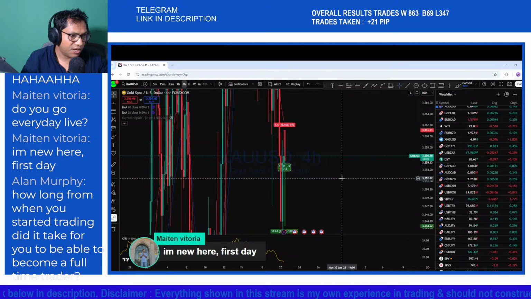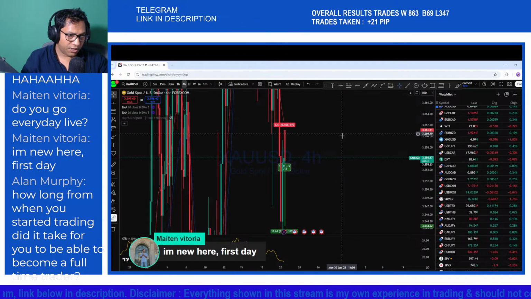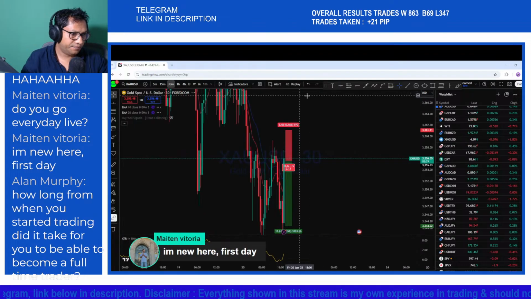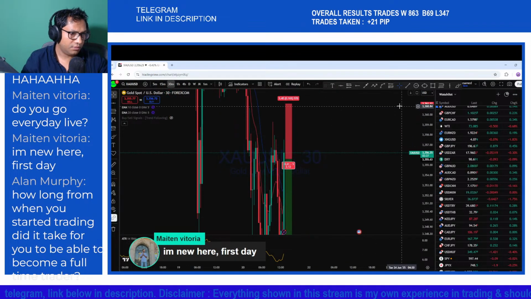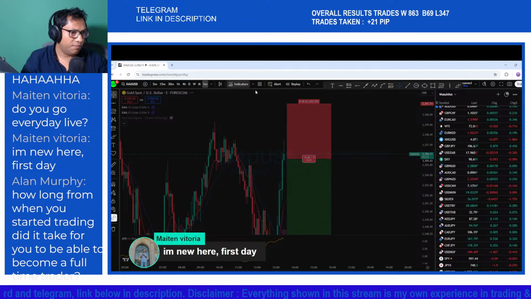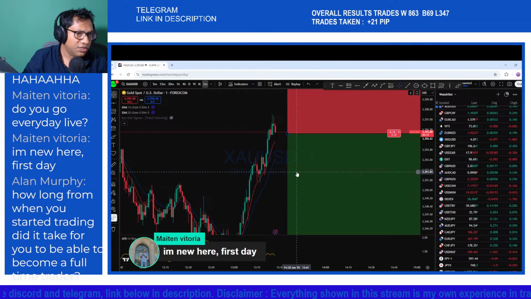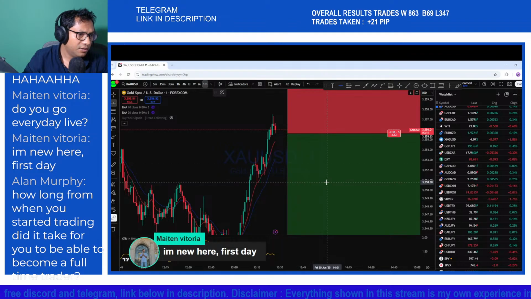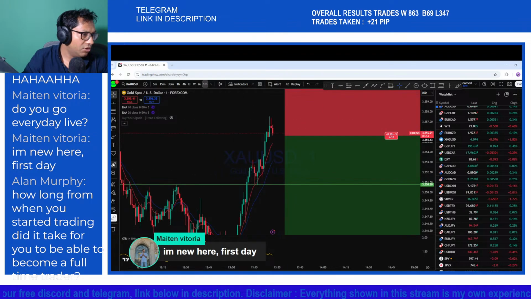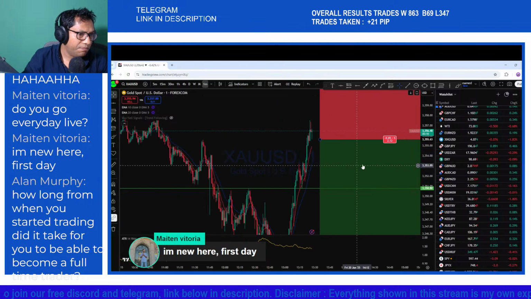If this market wants to break above, it should be crossing quite a few session highs. Right, so here we have sold, and at least if we see the market coming here, we'll be able to secure another trade with almost 47 pips.